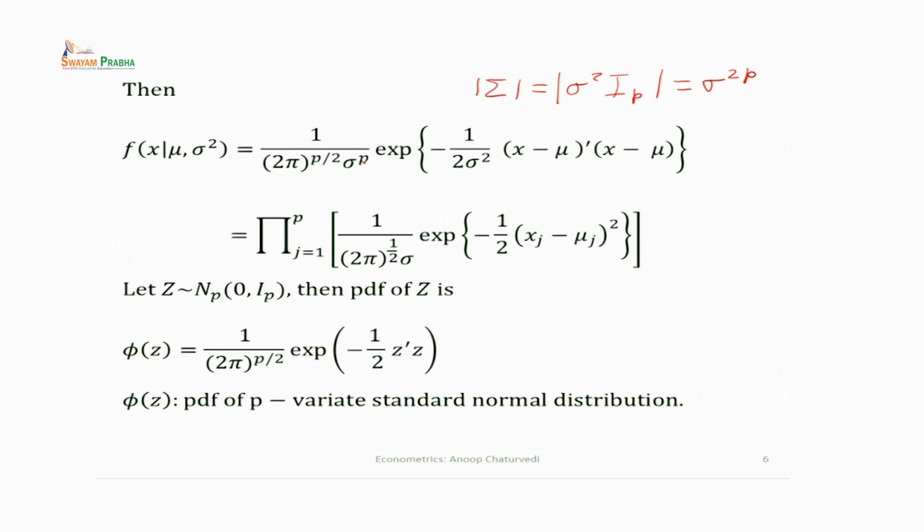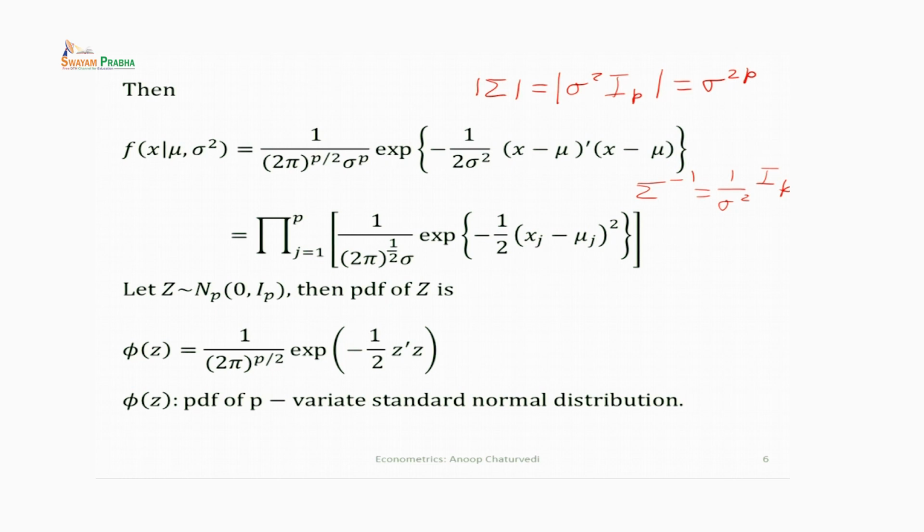So, you get sigma to the power p here, exponential minus 1 upon 2 sigma square, because you have capital sigma inverse here, and capital sigma inverse is equal to 1 upon sigma square I_p. So, ultimately you get minus 1 upon 2 sigma square (x minus mu) transpose (x minus mu) here.